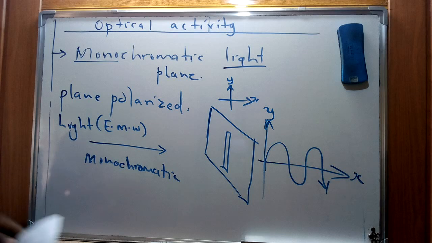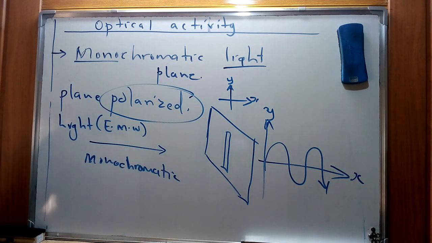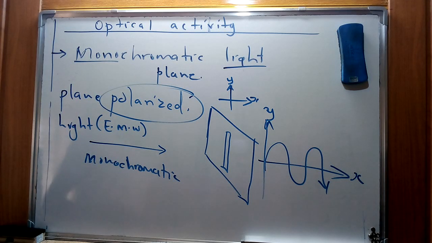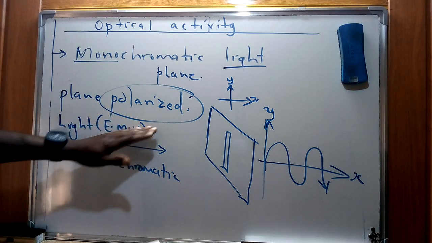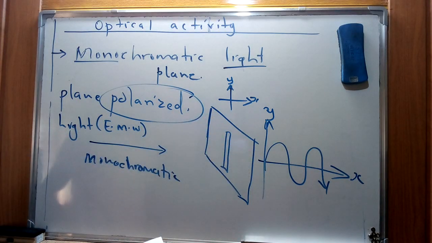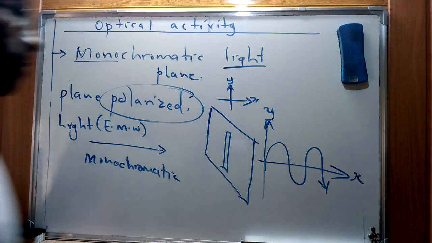And therefore, in order for us to figure out what the concept of polarizing is, this refers to restricting vibrations of a transverse wave, for instance light, so that it's able to travel in one direction.